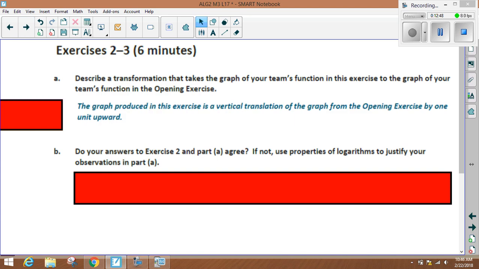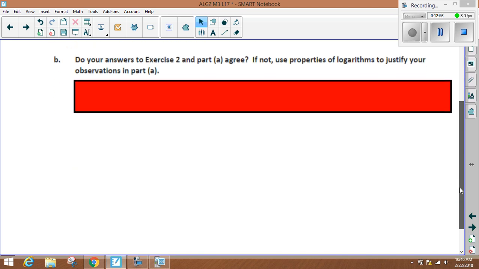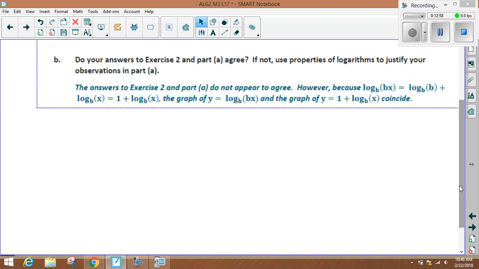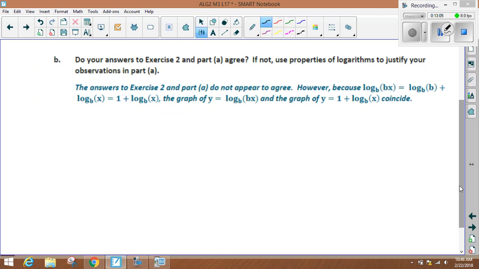Alright, and I am actually going to just do that. It was a vertical translation, right? And then I'm going to actually do this work right now. Let's look at it. Okay. What is log base 10 of 10x?